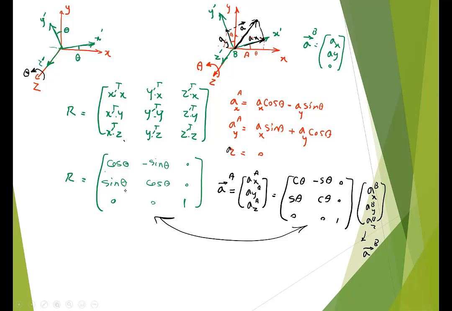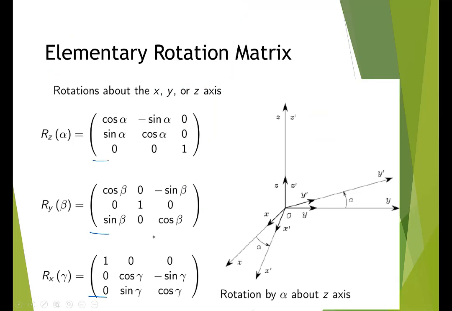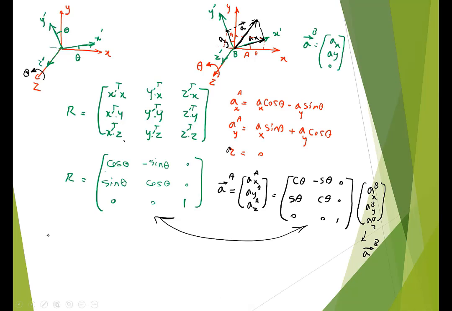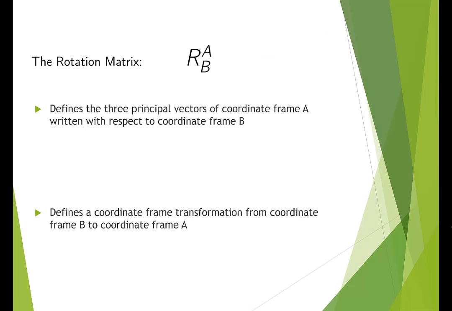If we had a rotation around Y, it would be this matrix. If we had a rotation around X, it would be this matrix. And any rotation in 3D is generally defined using a multiplication of these three elementary rotation matrices. And finally, a recap: a rotation matrix is a matrix that brings one frame to another one.